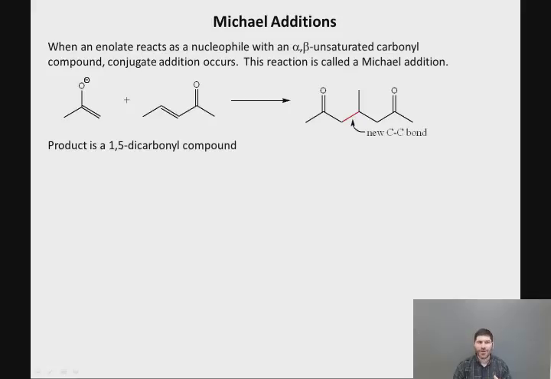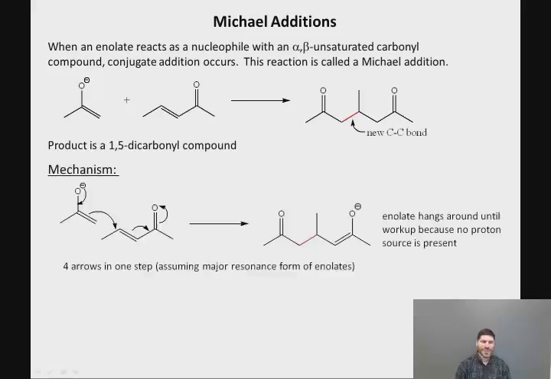Remember, the enolate fragment, once it uses its electrons to form a new carbon-carbon bond, reforms a carbonyl group. And in the alpha beta unsaturated carbonyl fragment, if we are doing a conjugate addition, the carbonyl group is maintained in that fragment also. So we end up with two of those stable C=O bonds in the final product.